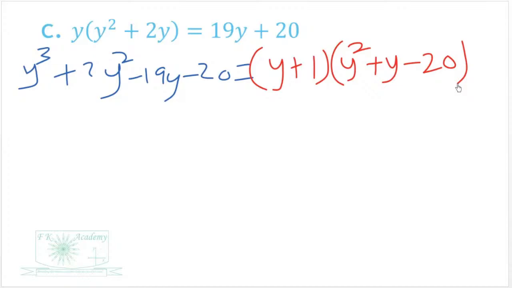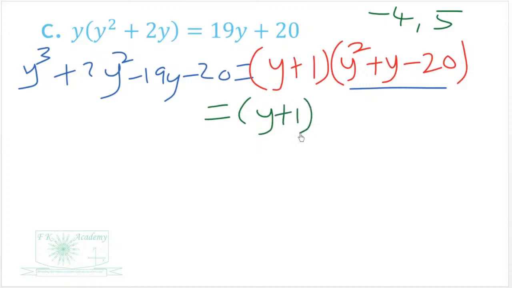So we can factor this quadratic polynomial by looking for factors of negative 20 that will add up to 1. And these factors are negative 4 and positive 5. So it becomes y plus 1, then the quadratic factor becomes two linear factors, y minus 4 and y plus 5.